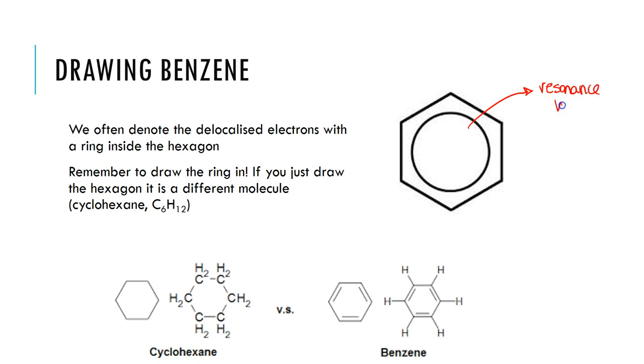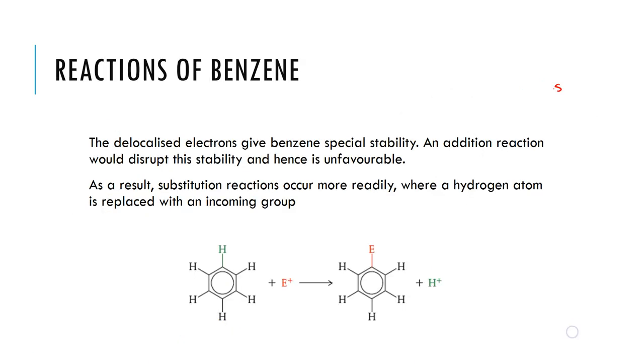So the resonance hybrid could be this one, but also is just as likely to be this form. Okay, so the resonance between the two. You have to remember to draw in the ring. We can't just draw it as a hexagon, because then we're drawing cyclohexane, which has no double bonds and is an alkane.